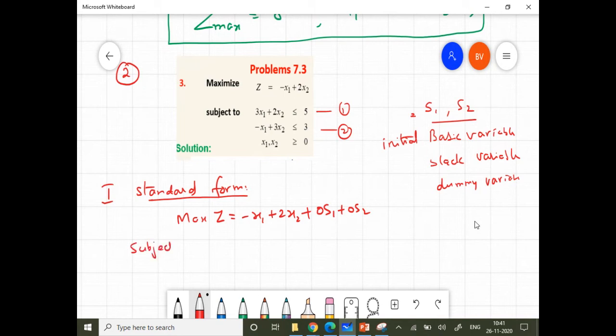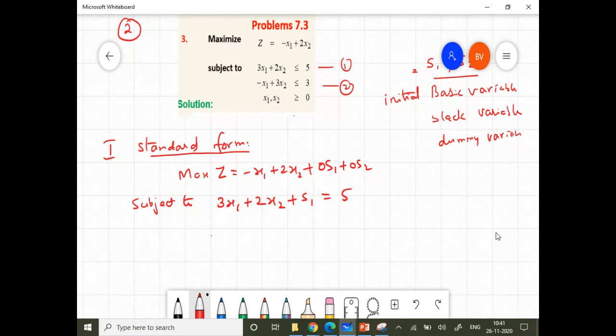Subject to: first row, the inequality will be converted into equality, 3x1 plus 2x2 plus 1 times s1 is equal to 5. Second row, minus x1 plus 3x2 plus s2 is equal to 3. And x1, x2, s1, s2 are all assumed to be non-negative variables, right? Fine.